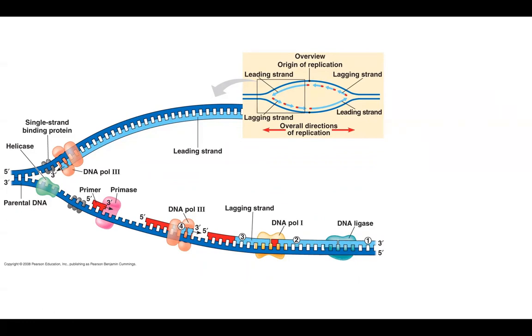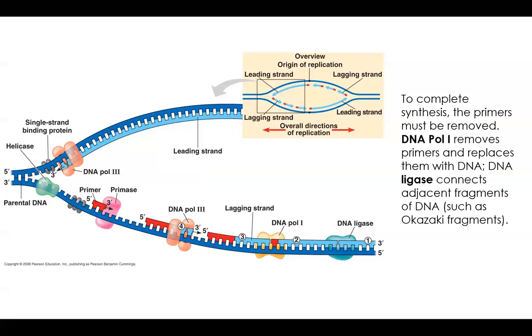Okay, so now we have to finish up, because you notice ribonucleic acid is still in here. These primers were RNA. We cannot leave them here, even though they look fine, because RNA is very delicate. It's meant to be a transient molecule.